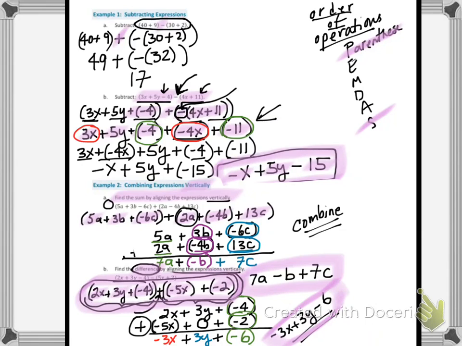We put that together and made these a series of sums. Therefore we could go ahead and add both of those expressions, or, like I said, a much better word to use is combine.